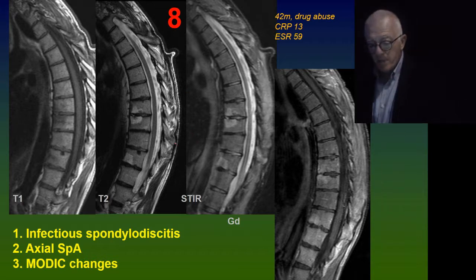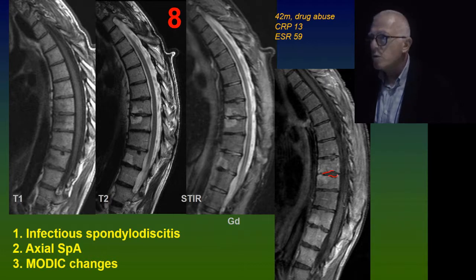So we see here that there is no infection, without any disc involvement and without enhancement of the disc and without any irregularity of the end plate. We need to have these findings in order to suggest infection.